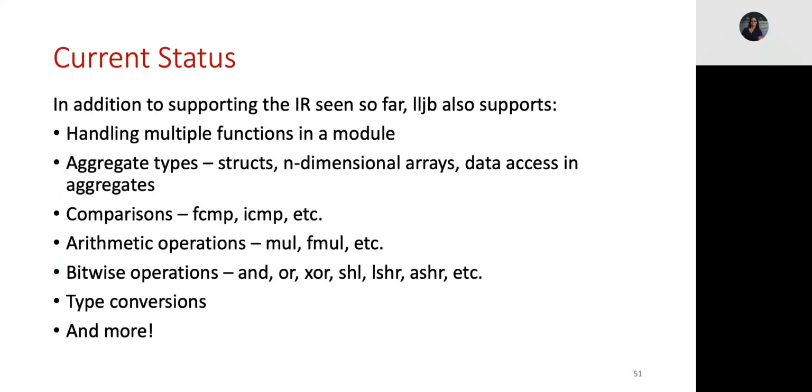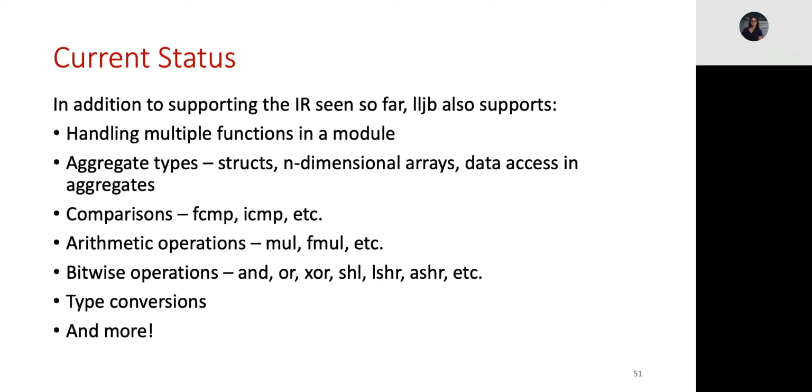So the current status of the Lljb project is that it has mostly been developed over a period of 6 weeks, and in addition to supporting all of the IR we have seen so far, Lljb also supports having multiple functions in a module.